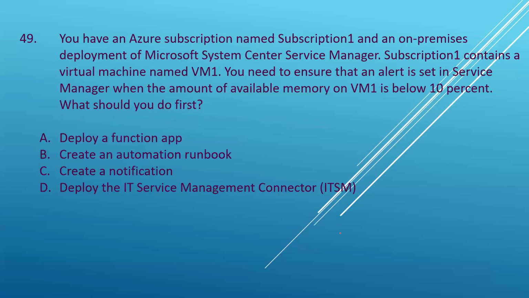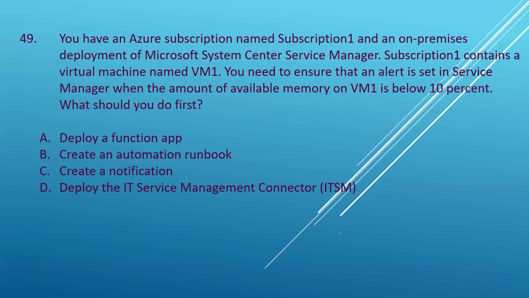Question number 49. You have an Azure subscription named Subscription 1 and an on-premises deployment of Microsoft System Center Service Manager. Subscription 1 contains a virtual machine named VM1. You need to ensure that an alert is set in Service Manager when the amount of available memory on VM1 is below 10%.